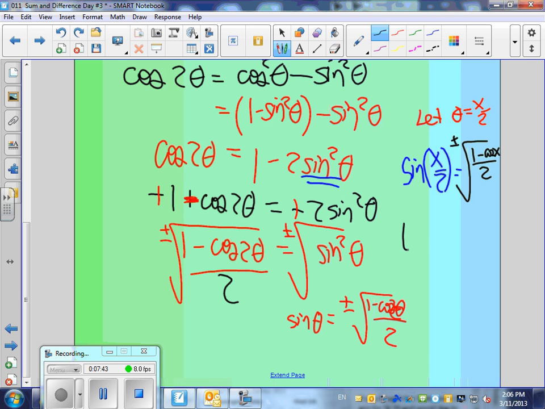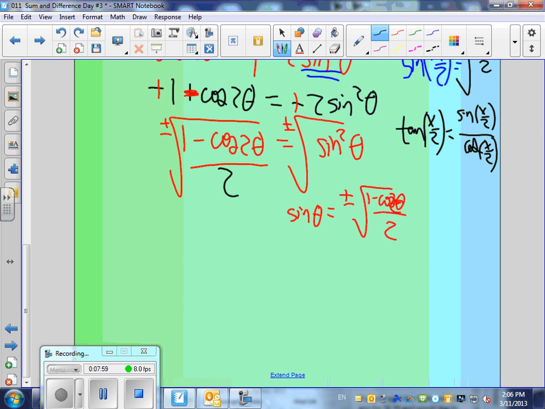What if I want to do the tangent of x over 2? Ooh, that's tricky. No, it's not. It's just the sine of x over 2 over the cosine of x over 2. So how hard would that be? Not at all.